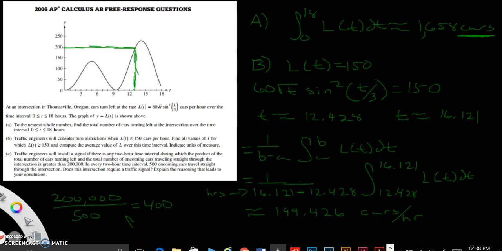You would say the integral from 13 to 15 of L of t dt is greater than, well, you have to actually find what that is, and that's 431.931, which is greater than 400. So yes, you would need a traffic signal.